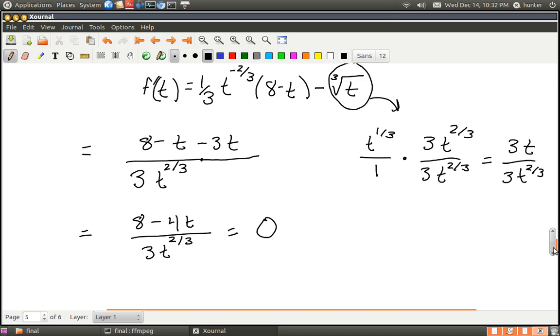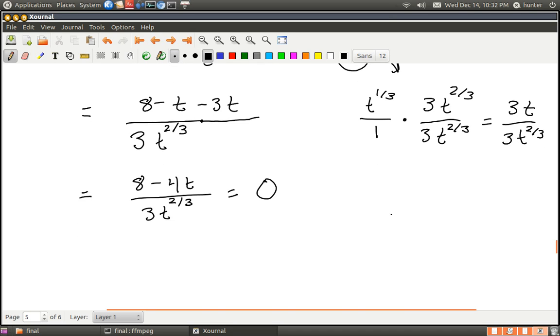Notice that if I put 0 in here for t, it breaks it, right? You get 0 in the denominator, so you're thinking, is 0 a critical point? I'm assuming that you know what a critical point is. If you don't, look up the definition right now and memorize it for the rest of your life.